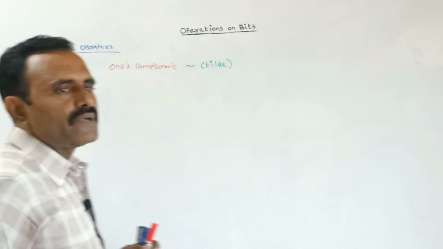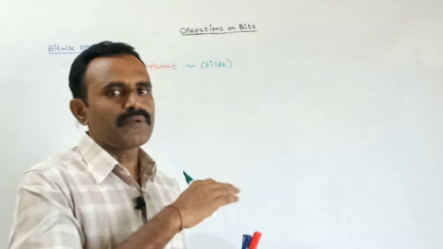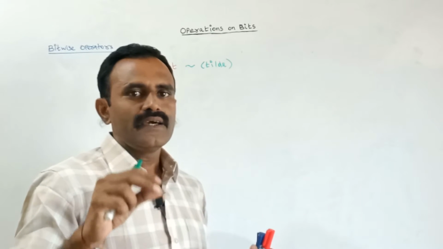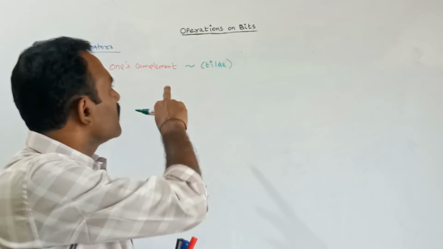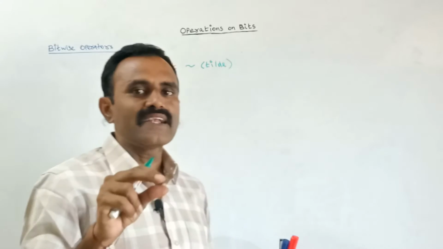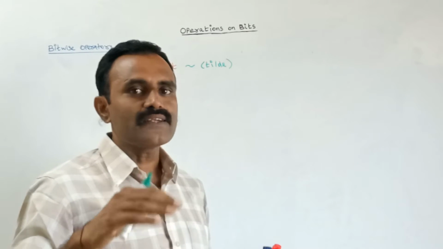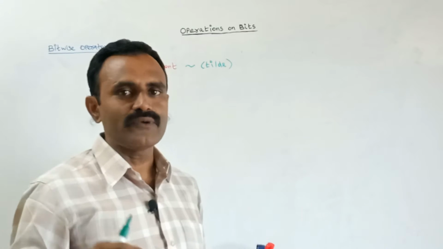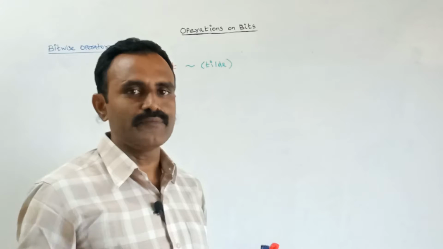The ones complement is nothing but the bit value will be inverted with the help of this ones complement. If you take a bit value and do the ones complement with that bit value, that bit value will be inverted. If it is 0, the result value will be 1. If it is the binary value 1, then the result value will be 0.